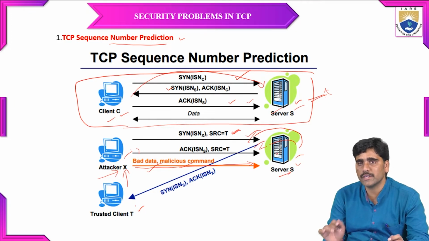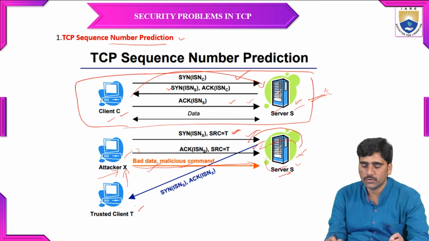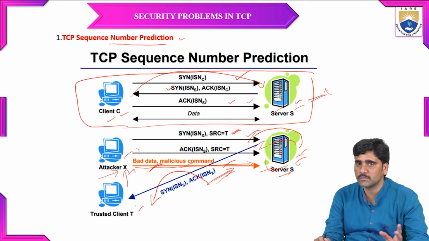So now the server is listening for the client to send some request or data. At that moment, the attacker can predict the next number and send some bad data or malicious commands. After the server receives this bad data or malicious command, it gives the response, the application, to the attacker, which is not accessible by the client.